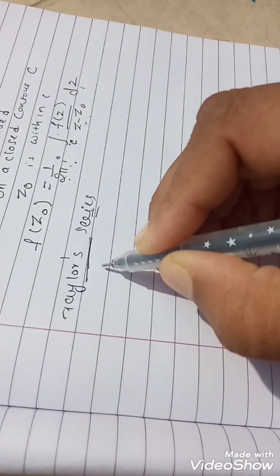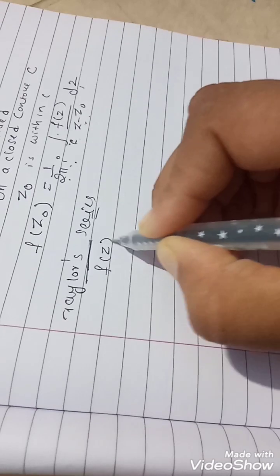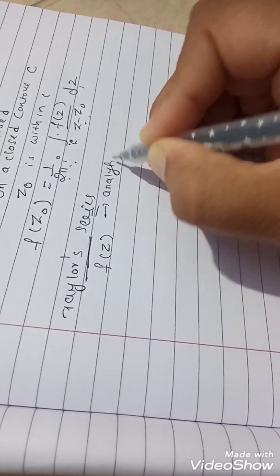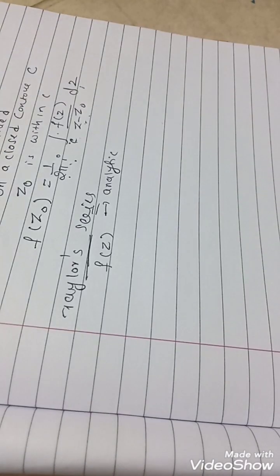So Taylor's series, how do we write it? If f of z is analytic, analytic means the functions which are single valued and have a derivative at each and every point, then we call it analytic. These are given by the Cauchy-Riemann equations, which we read in the beginning.